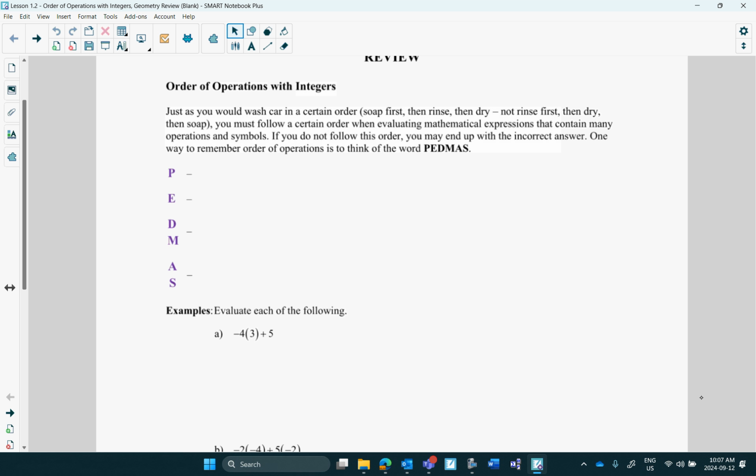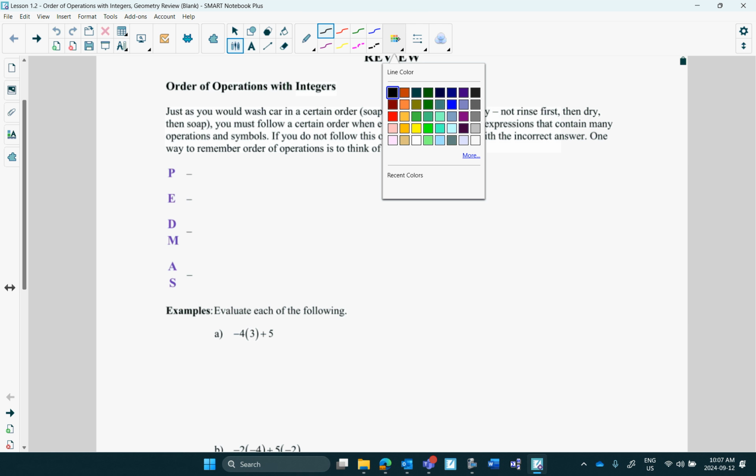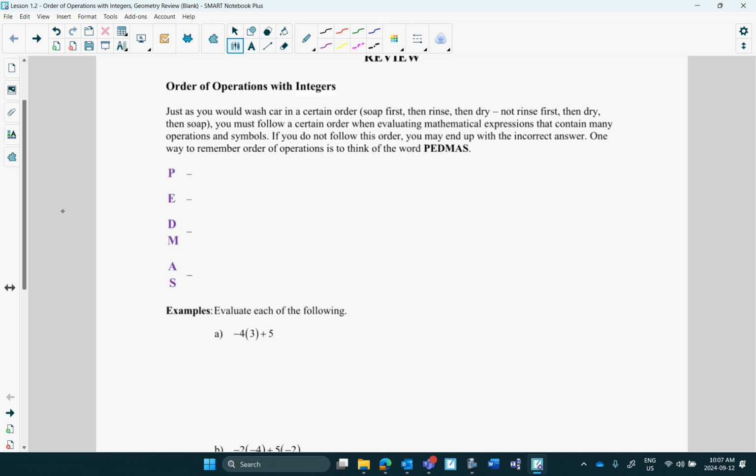When we have a whole bunch of operations going on in the question, the first thing we've got to look at: are there any parentheses? Those are the rounded ones.